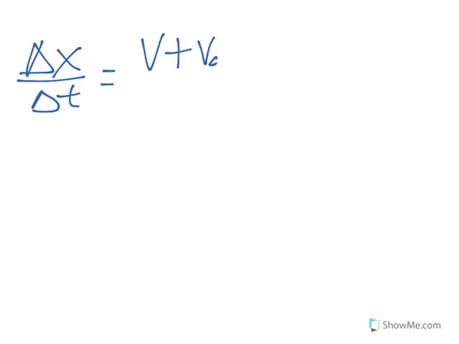Last formula. Last formula is delta x over delta t equals v plus v naught over 2. And these are all equal to the average velocity. This formula is nice to have on hand just in case they ask you to find the average velocity, or if you're given the average velocity, you can make something of it.